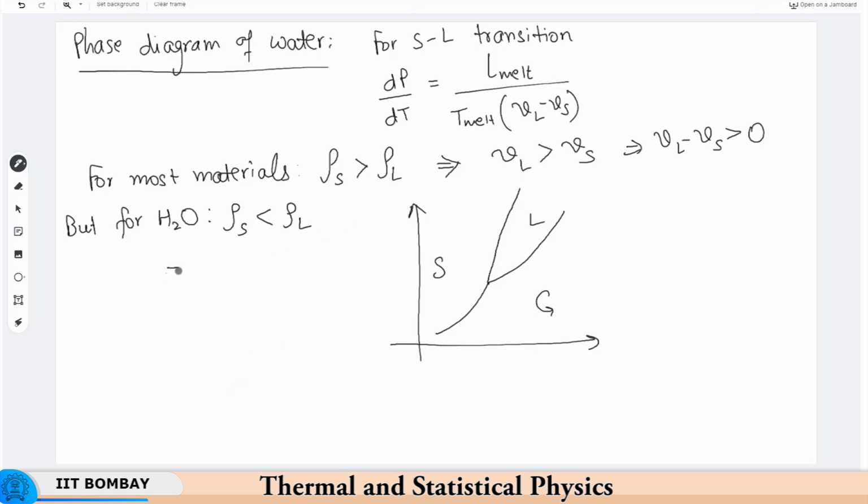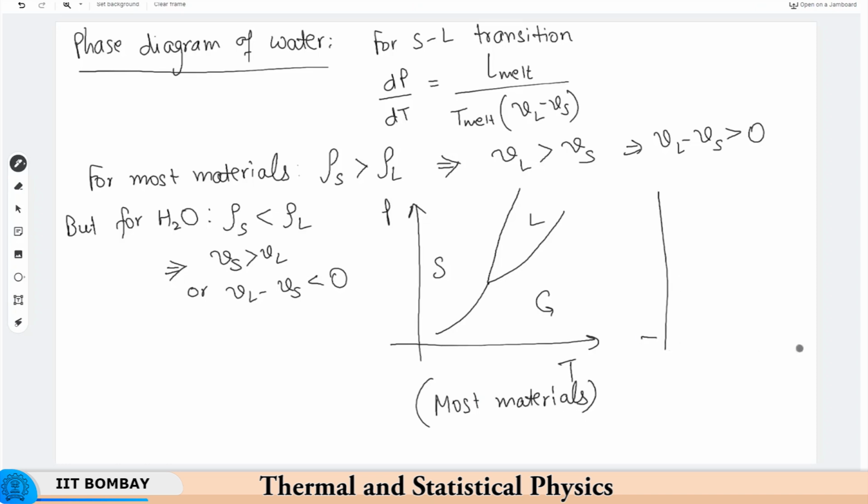This automatically means V_S is greater than V_L, or V_L minus V_S is negative. If we put this negative quantity here, remember this is P and T, the slope dP/dT of this line will become negative. So this is the phase diagram for most simple materials like argon, helium, most materials.